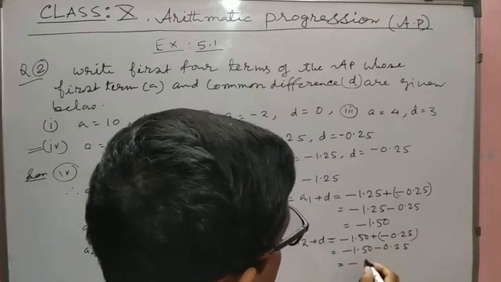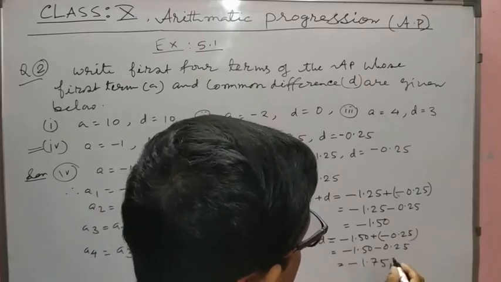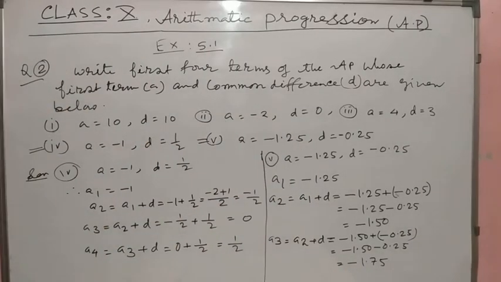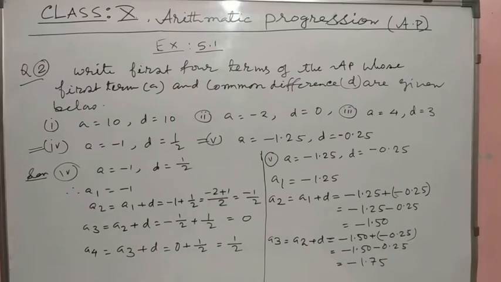So it will be minus 1.75. Got it? So third term equal to second term plus common difference. Second term is this one, common difference fixed. So we have to put bracket here and then on bracket minus. So if we calculate, this will be minus 1.75. This is the third term.